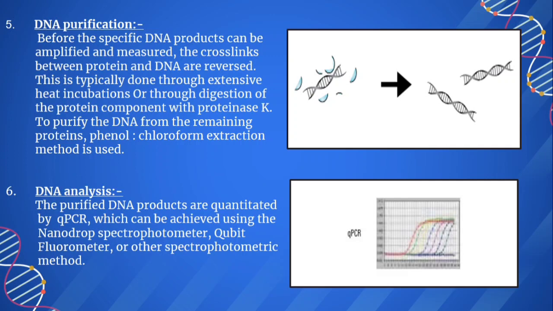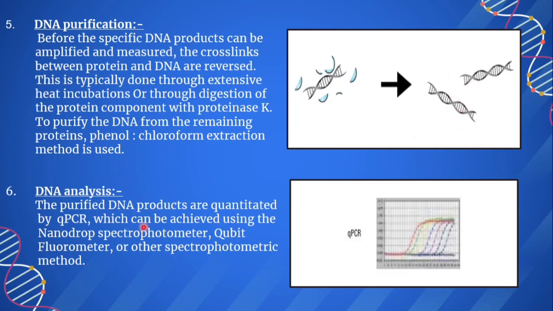Hence, it is used for removing proteins and nucleases during purification. To purify the DNA from the remaining proteins, the phenol chloroform extraction method is used. In this picture, we can see that the purified DNA product is obtained.